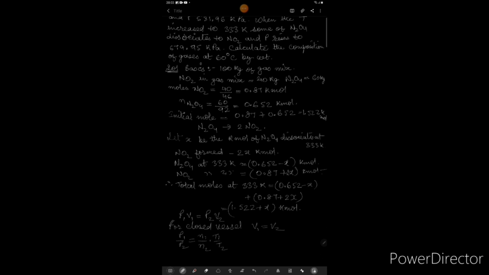So from here, 531.96 divided by 679.95 equal to 1.522 divided by 1.522 plus x into 311 divided by 333.